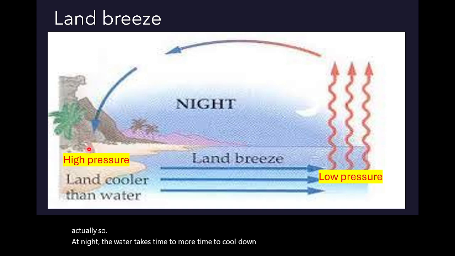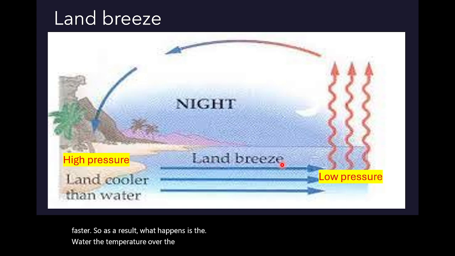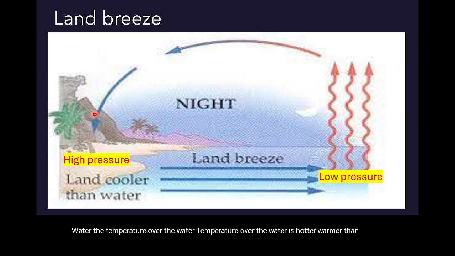On the other hand, the land cools faster. So as a result, the temperature over the water is warmer than the temperature over the land.